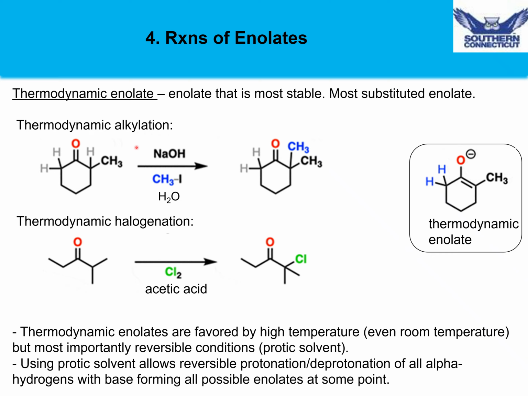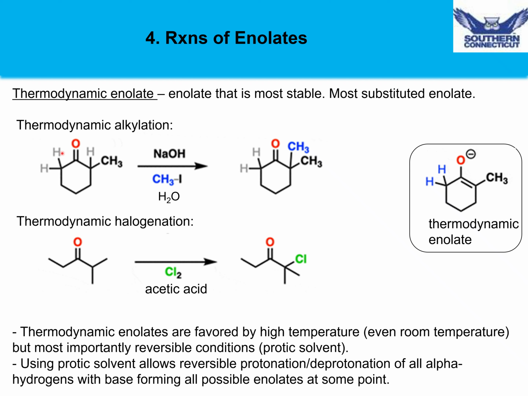And so those reactions happen reversibly. So the base removes the hydrogen, then the water puts it back on, and this process goes back and forth, removing both the hydrogen on the right side and the left side and putting them back on. And eventually we're going to get to an equilibrium where we have a percentage of the kinetic and the thermodynamic enolate as well as the ketone.